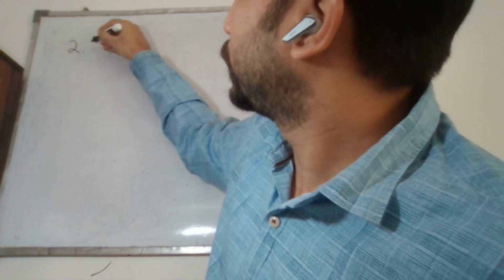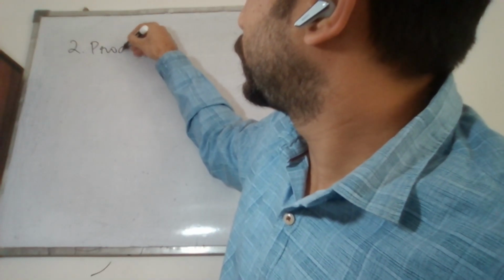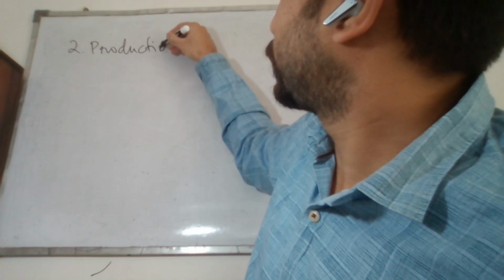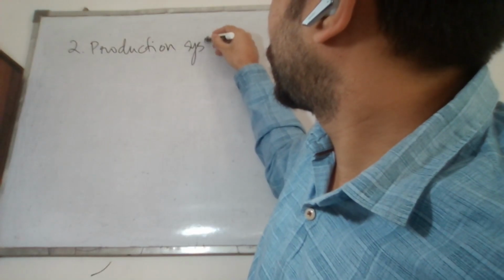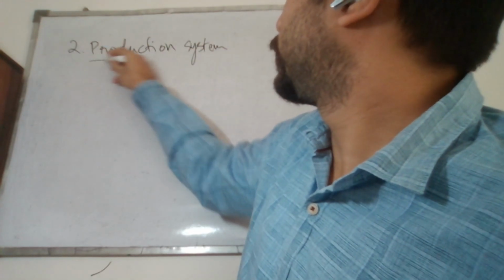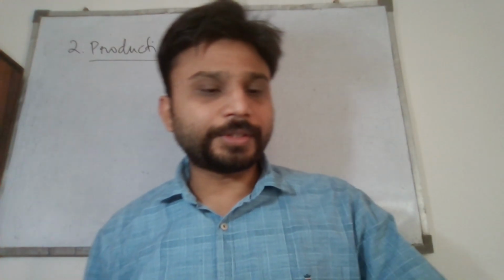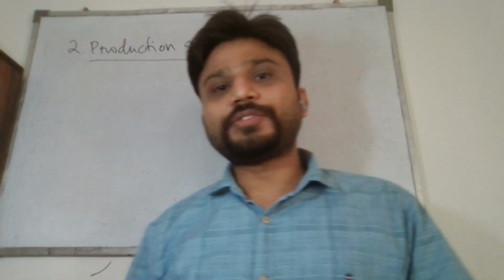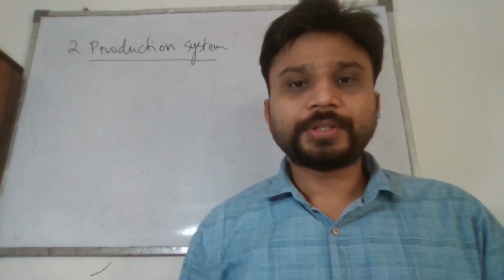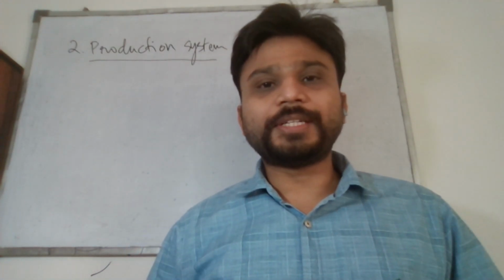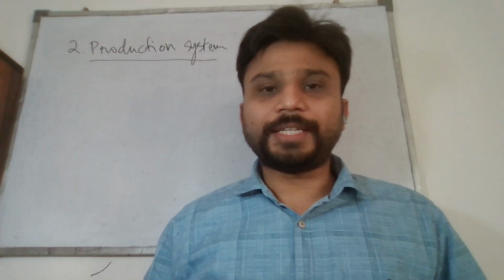Now what is a production system? Production system means that we have a set of interconnected elements. Those elements are mainly again the same thing.